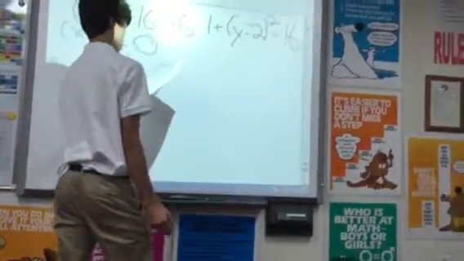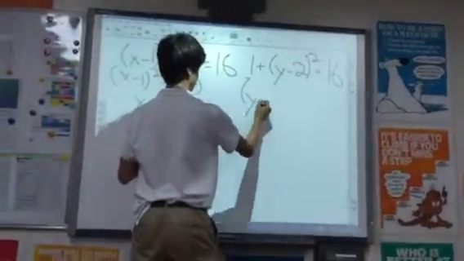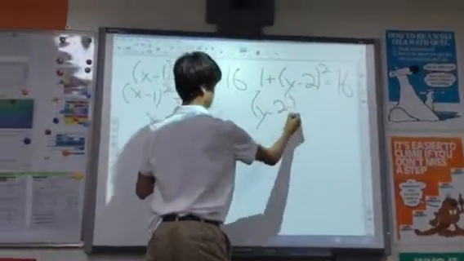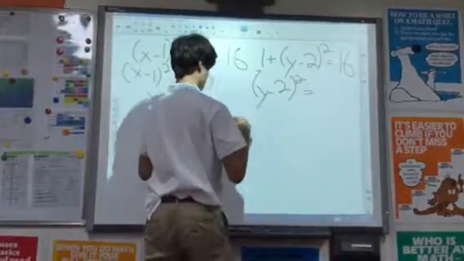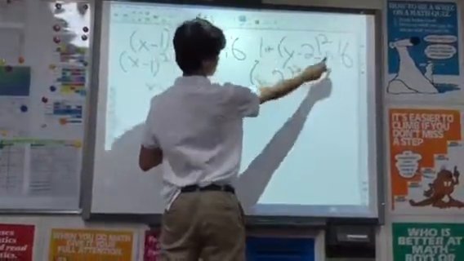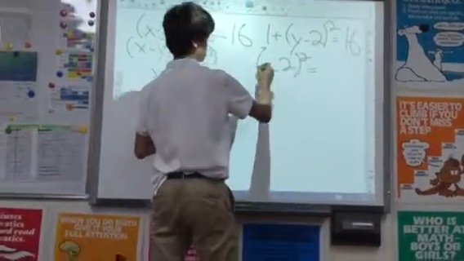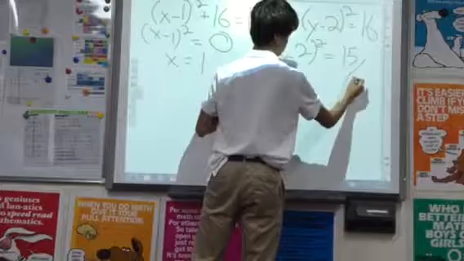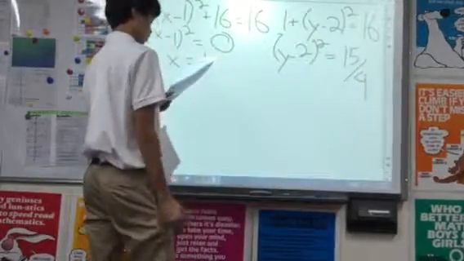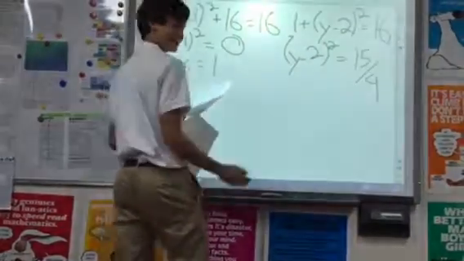Then 1 minus 1 is 0, so it will be 4 times (y minus 2) squared equal to 16, and so (y minus 2) squared will be 4 times 15 over 4. Correct, so 4.